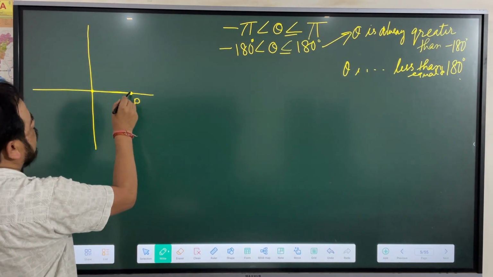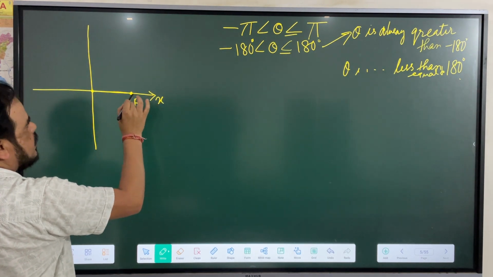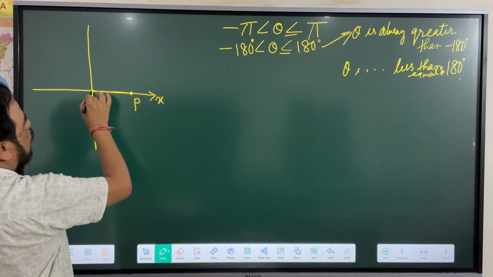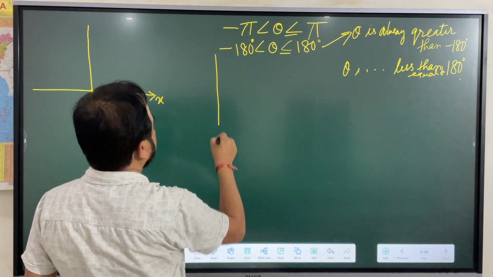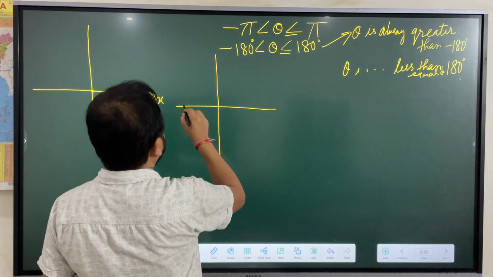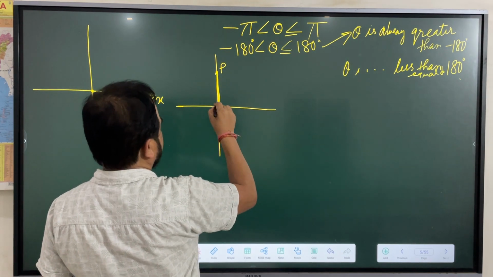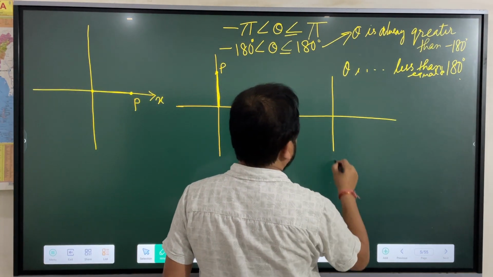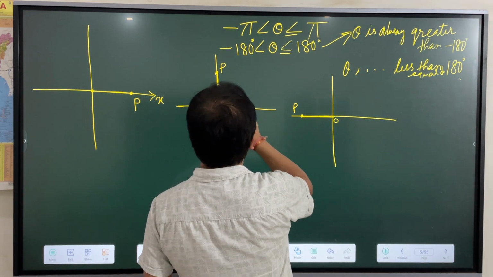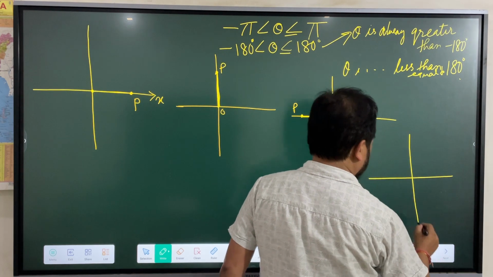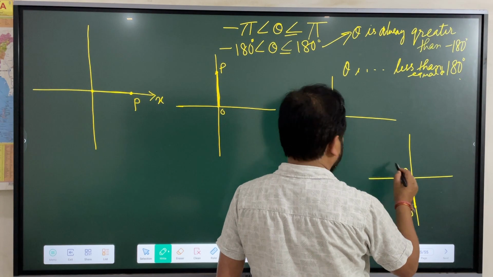From O to P, a line segment is drawn. The x-axis is already there, but I have taken a point P. In each diagram, P is there and one line segment from O to P is drawn.